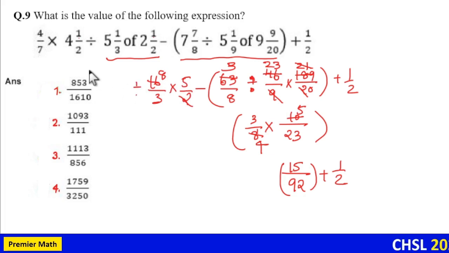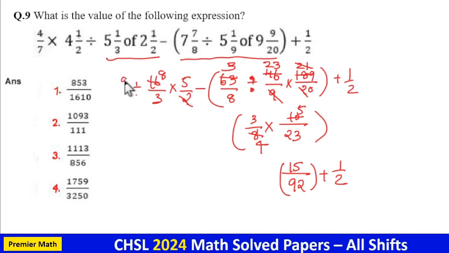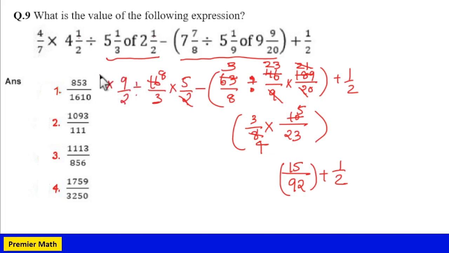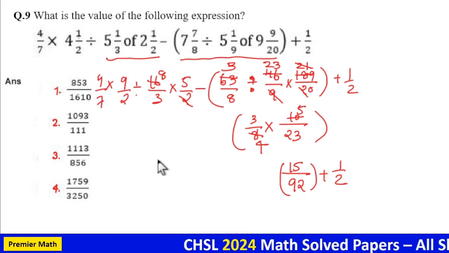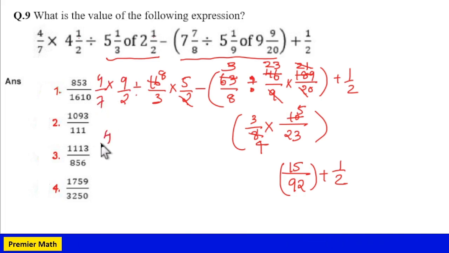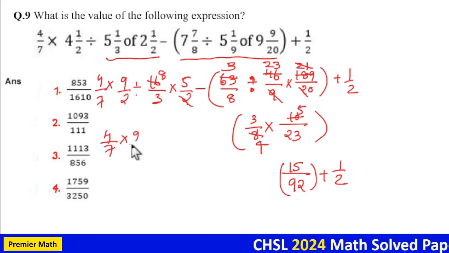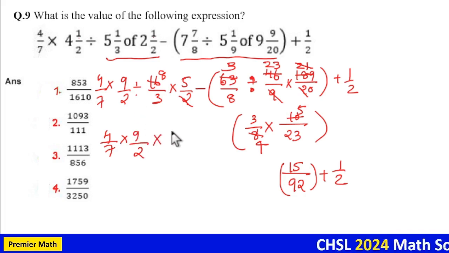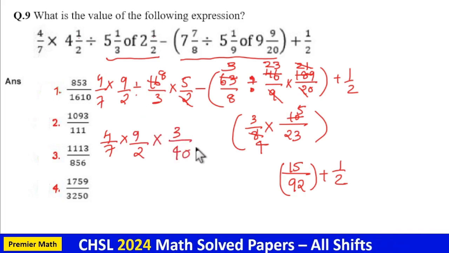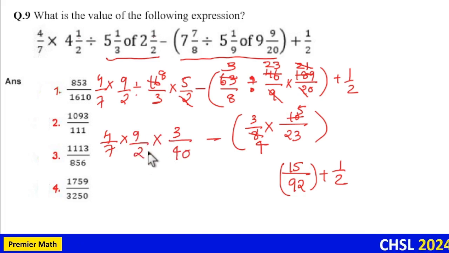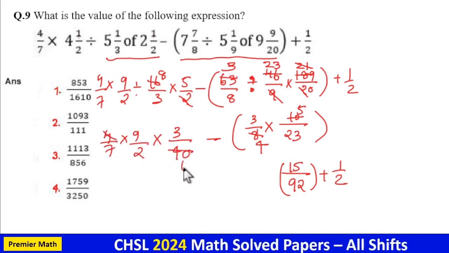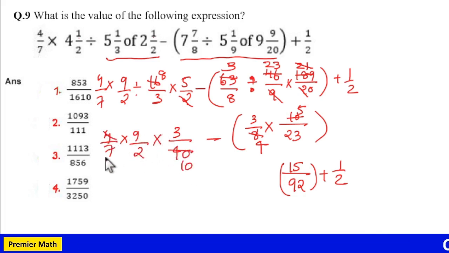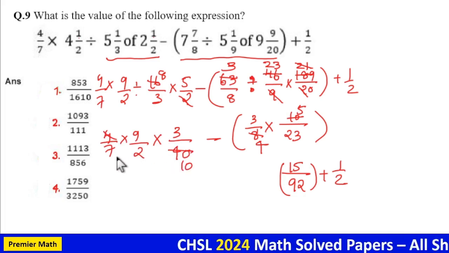That is, here 4 into 2, 8 plus 1, 9 by 2 into 4 by 7. Now, this is 4 by 7 into 9 by 2 divided by, I will write it as into 3 by 40. Now, this will become 4 goes 10 times in 40. So, remaining 27 by denominator 140.